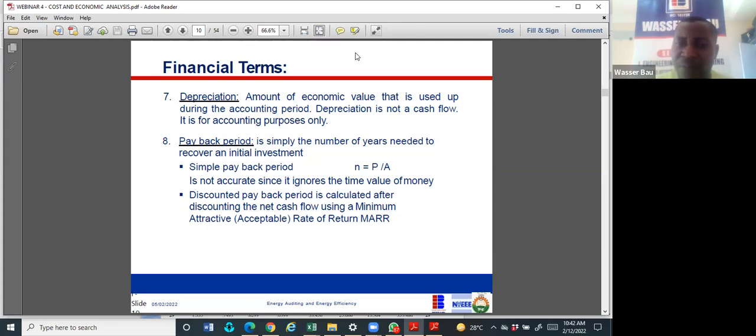So my payback period will be 5 years. So if you know the total amount of the investment, you divide it by the annuity or the savings. Remember, I said A means savings, it means annuity, it means annual worth. So if I divide the present value or the initial investment by the savings, I'll be able to know the payback period.